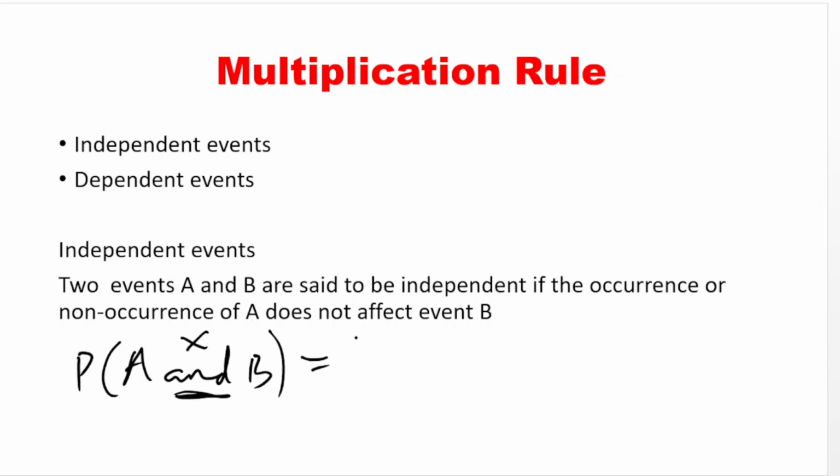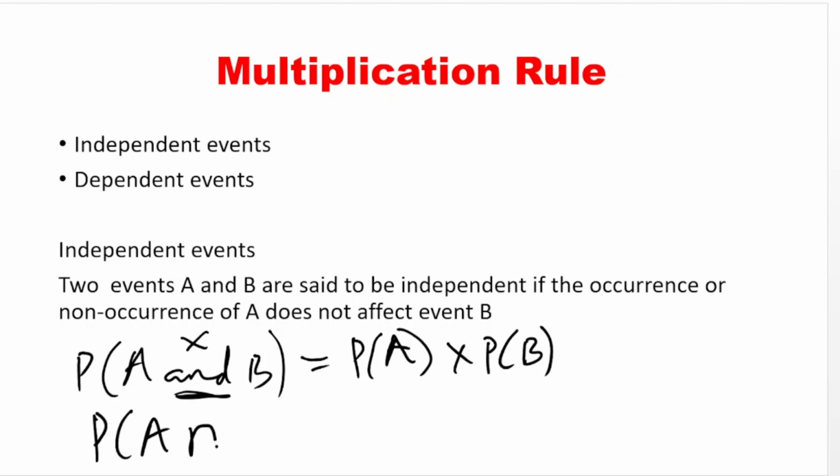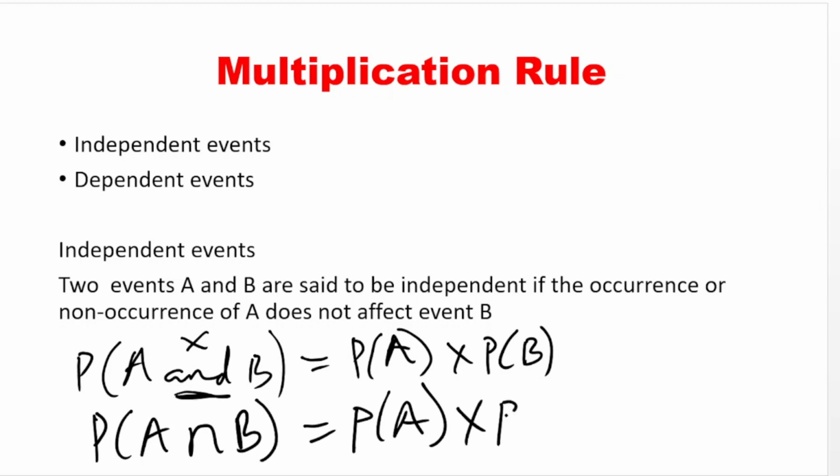So it means the probability of A multiplied by what? Probability of B. So that is just the rule. It's the same thing as the probability of A intersection B, which is equal to the probability of A multiplied by the probability of B. I hope that is very clear. So we can then move to examples now.